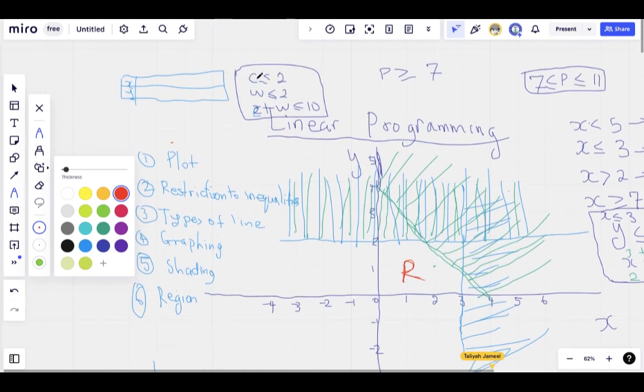Maybe 2 plots has to be used for corn, 2 plots has to be used for wheat, and maybe corn and wheat put together in one side, both mixed together. He has to use 10, maybe 10 plots for his field. So we're going to do another linear programming following this question.